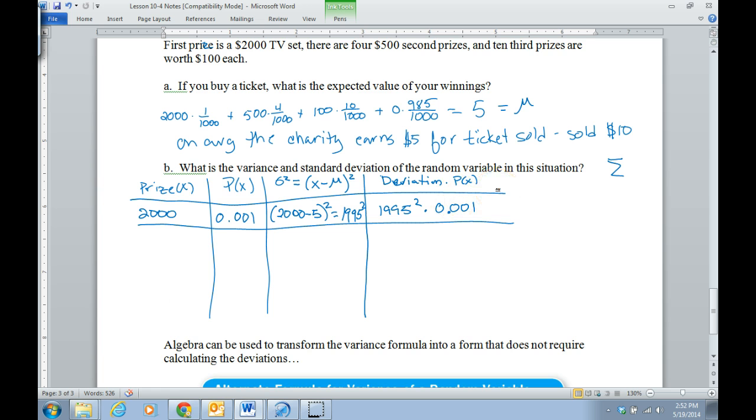Does that make sense? Okay, so what do you think would be the next line if it's a $500 prize? Yep, 0.004. What's our deviation here? 495 squared.